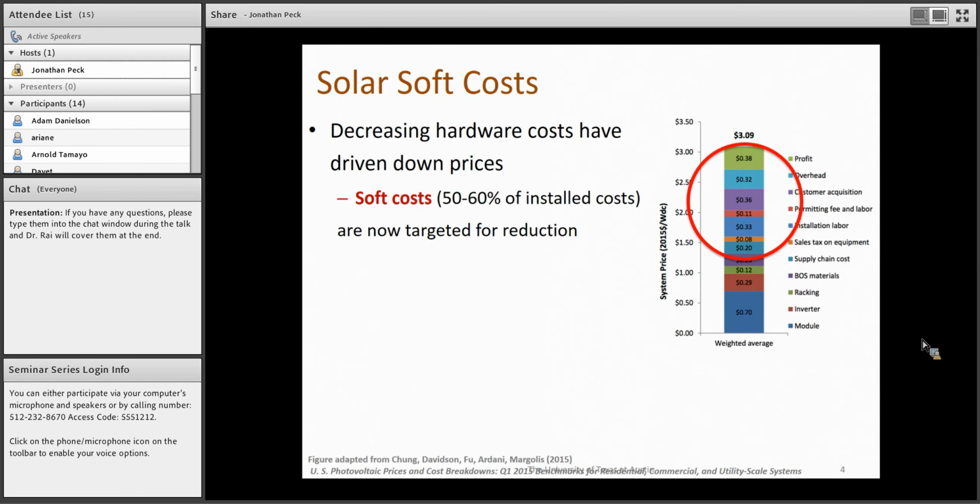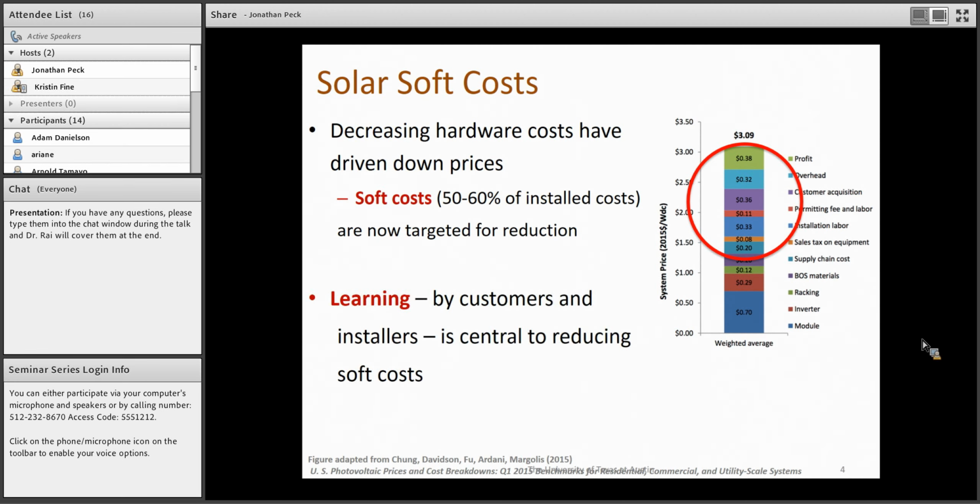But now soft costs, which are the non-hardware costs, including things like supply chain costs, taxes, inspection, permitting, customer acquisition, profits, and so on, form about 50 to 60% of the installed cost. And that has been a hard one to crack, especially in the US. There are studies that show that in Germany, the soft costs are half or perhaps even lower as compared to the US. So that's the other thing that the declining overall cost of installed solar hides.